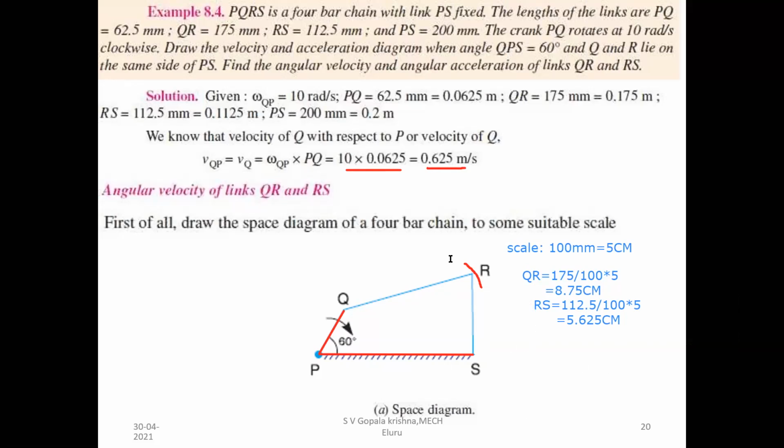Now again you will take the compass and draw the arc. Those two arcs are intersecting at one point. That point is represented with R. Now you will join that point. This is the space diagram. Do you understand how to construct a space diagram with the given values?